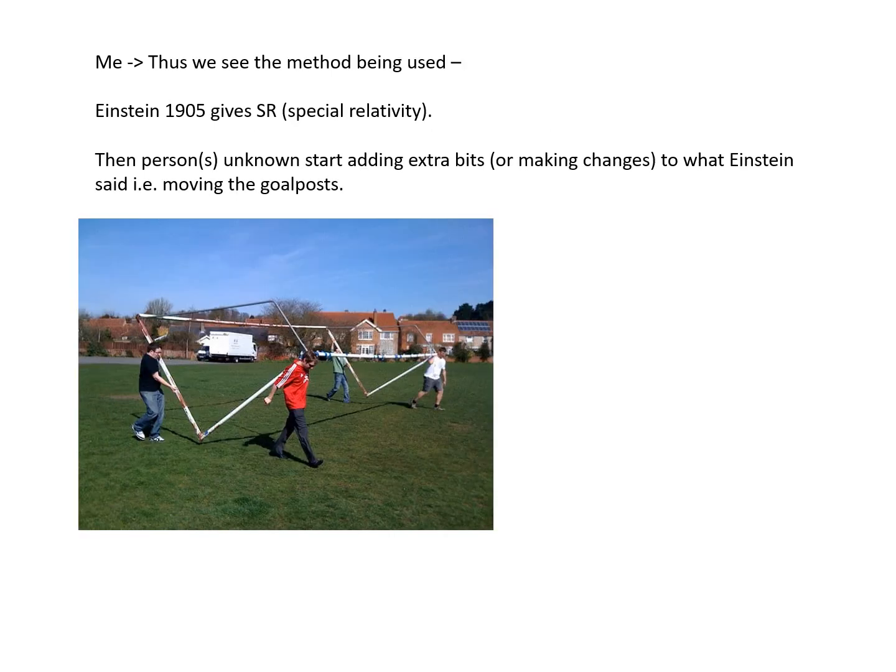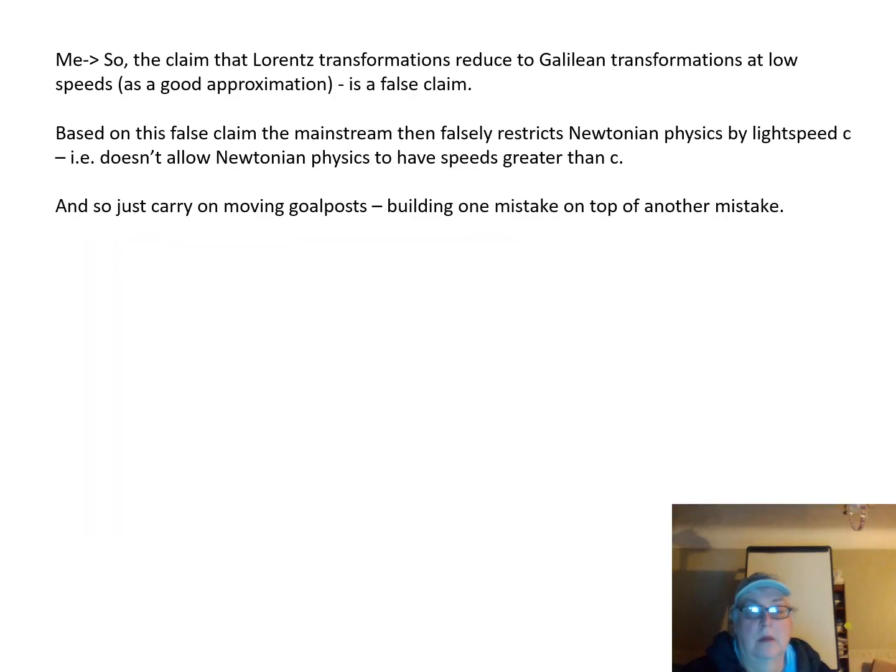Thus we see the method being used. Einstein in 1905 gives special relativity in his paper, then person or persons unknown start adding extra bits or making changes to what Einstein said, i.e. moving the goalposts. So the claim that Lorentz transformations reduce to Galilean transformations at low speeds, and that as a good approximation, is a false claim.